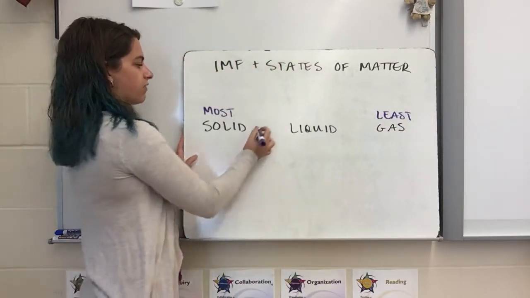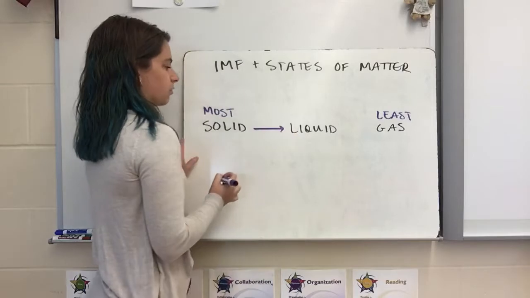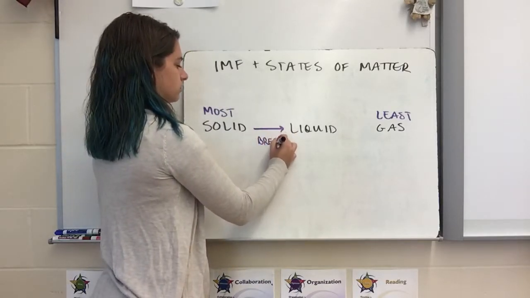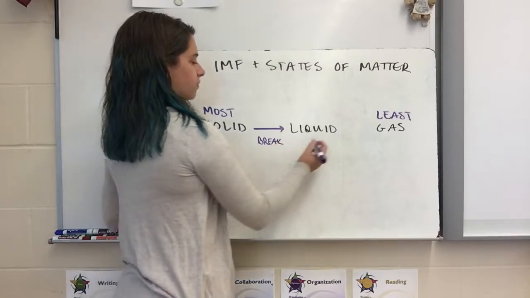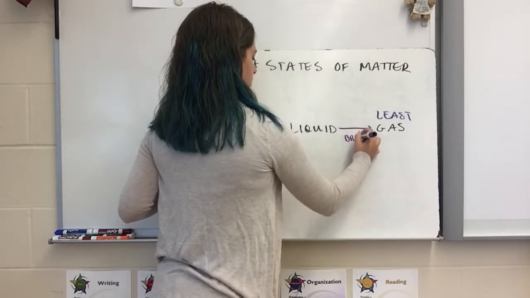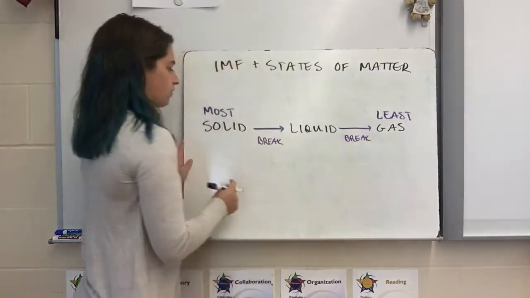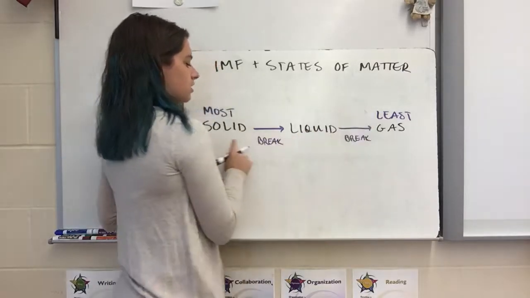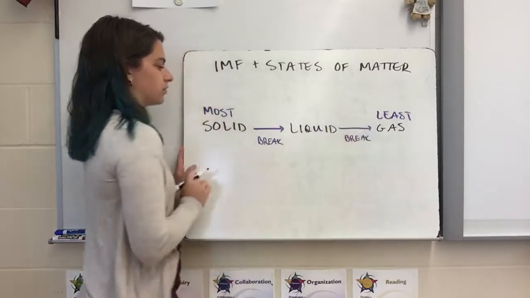So as we go from solid to liquid, we are going to break those attractions. And as we go from liquid to gas, we're going to break those attractions. So if we're going from something that has the most intermolecular forces to the least, we're going to break those attractions as we move through our states of matter.